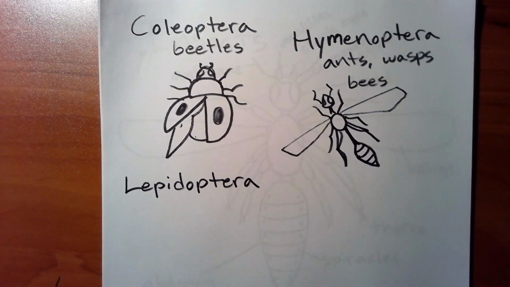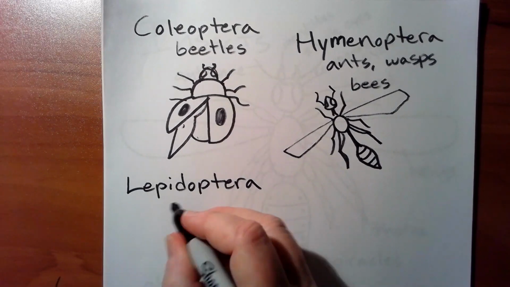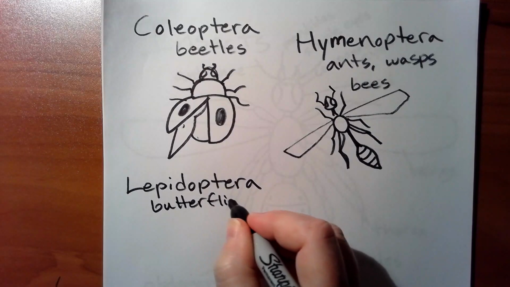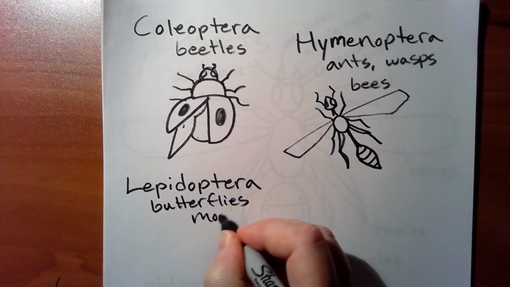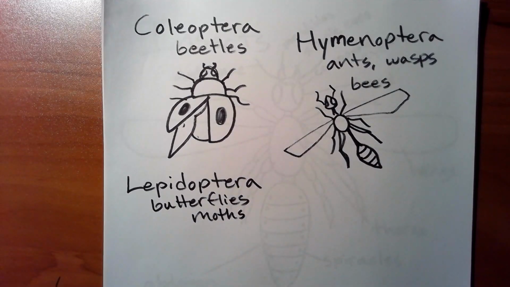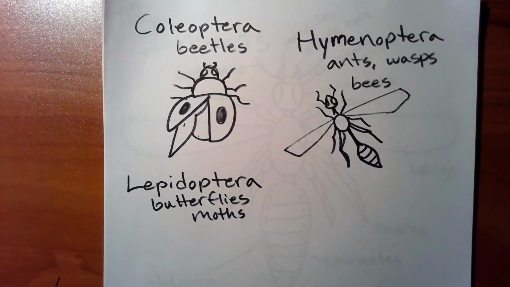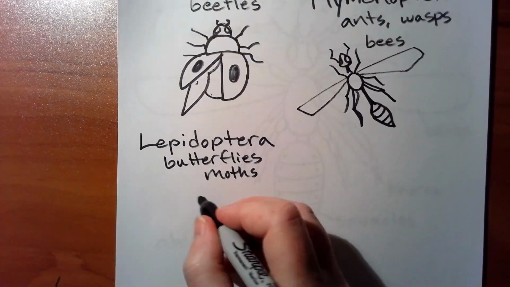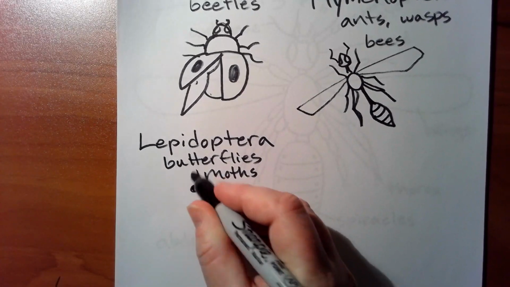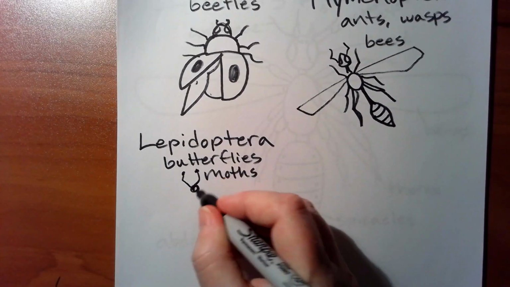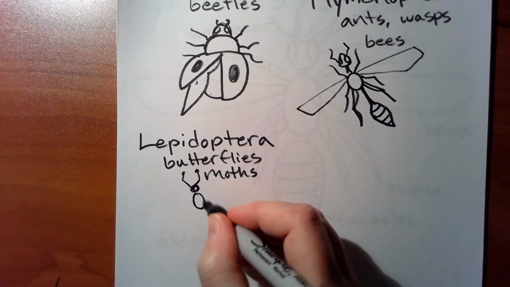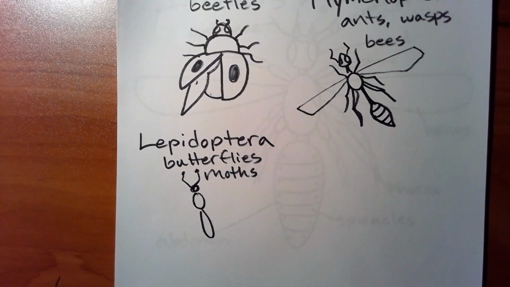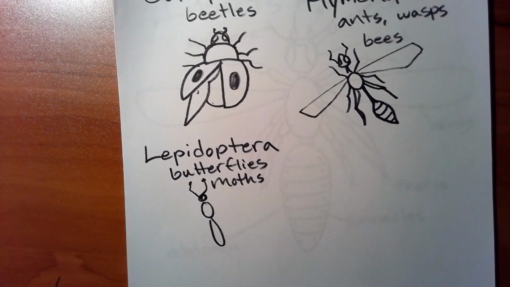So, Lepidoptera, butterflies, and moths. So, of course, butterflies and moths. We have usually nice, long abdomen, can be fuzzy.